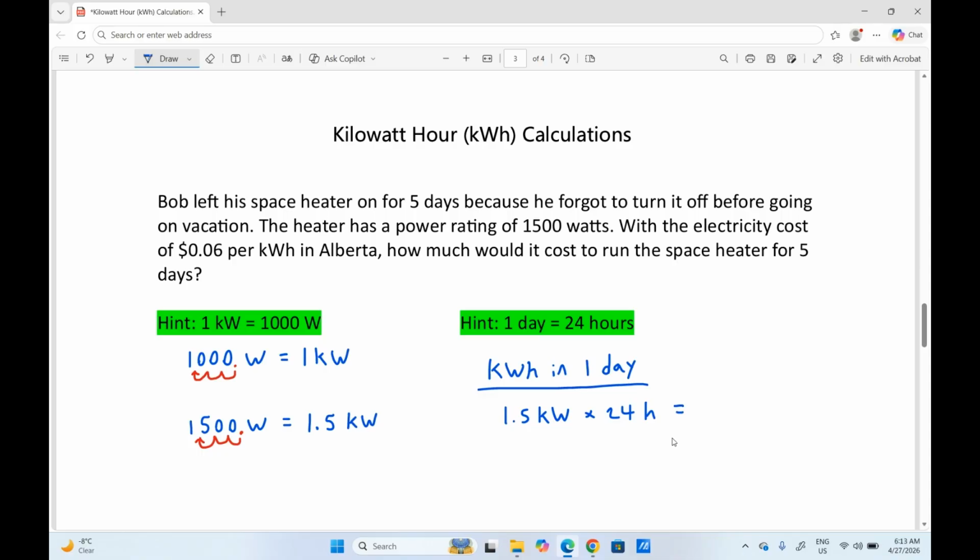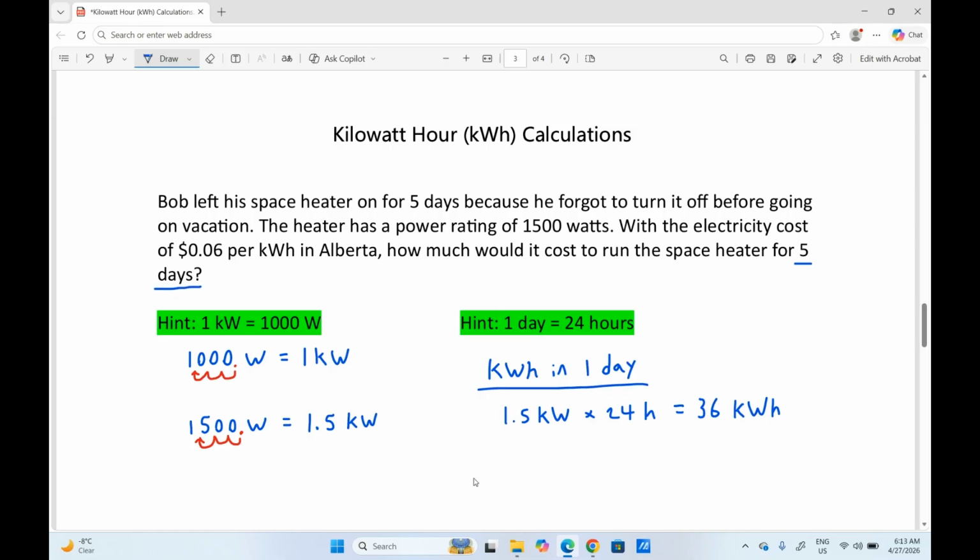So 1.5 times 24 is going to be 36, and now my units are going to be kWh for kilowatt hours. So 36 kilowatt hours in 1 day. Now, however, I run the space heater for 5 days.